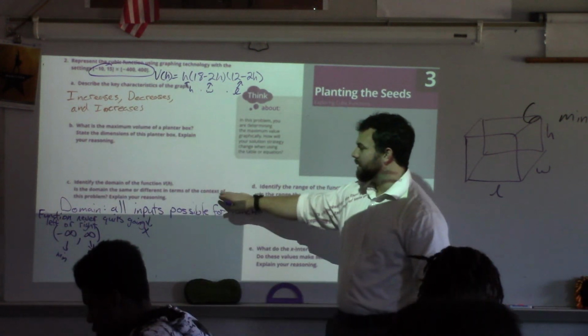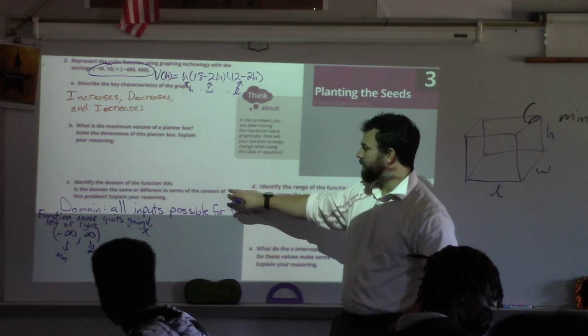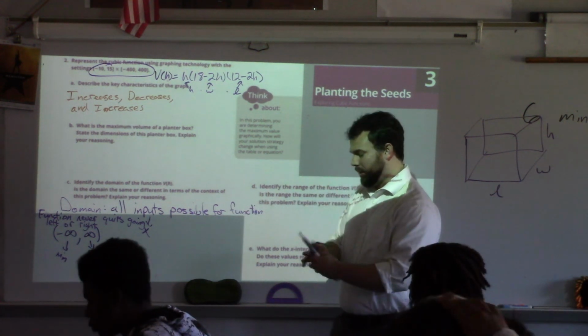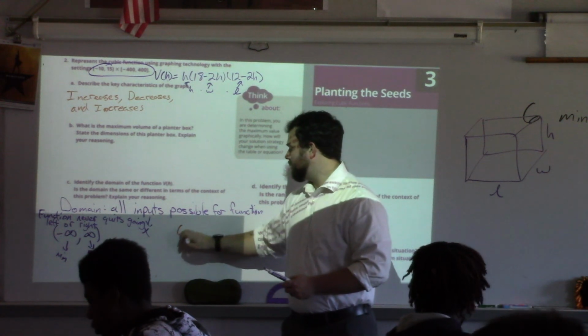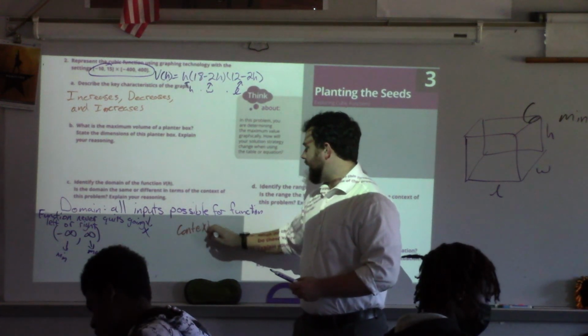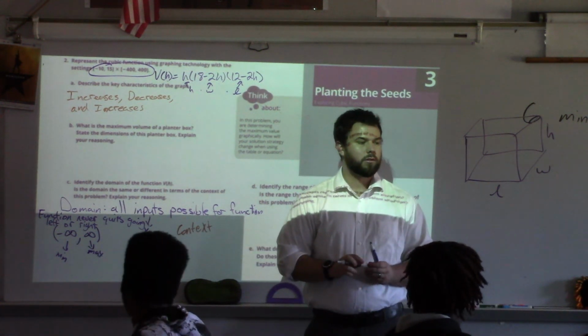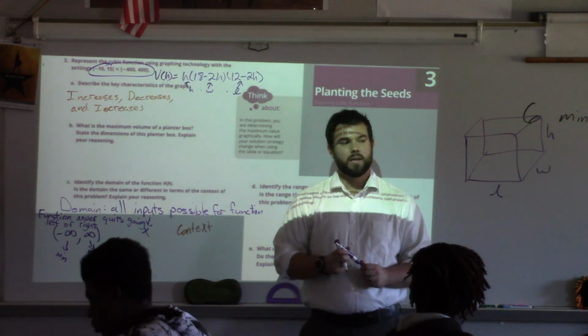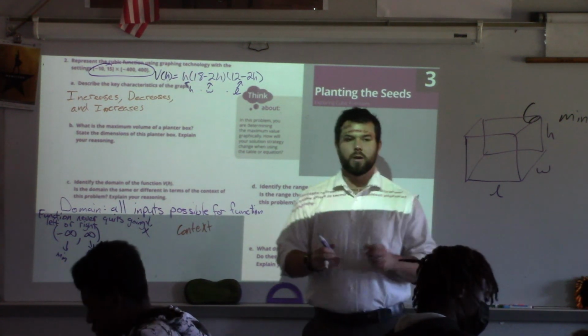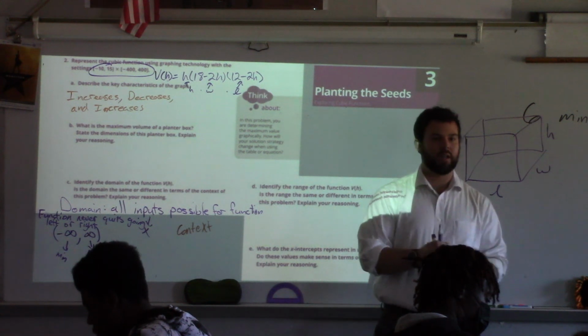Now, we'll also point out, it says, is the domain the same or different in terms of the context of this problem? If we're talking about the context, what is the minimum h value? Think about the context of the problem. What is the smallest h that I can actually cut out?